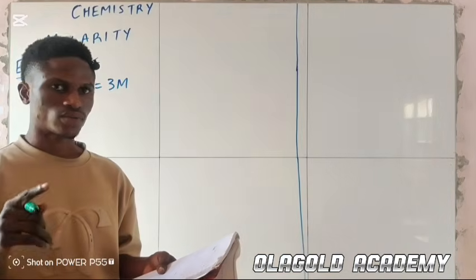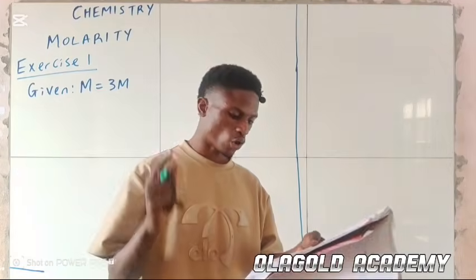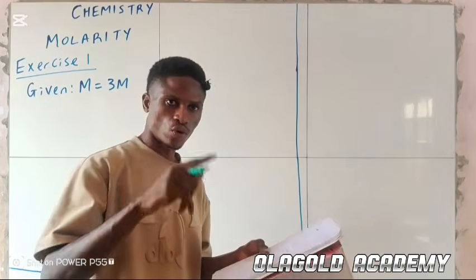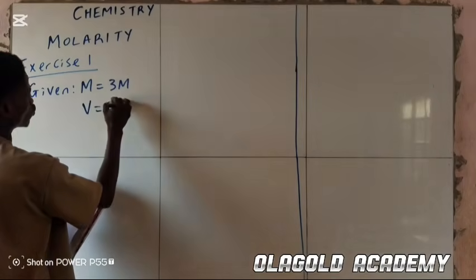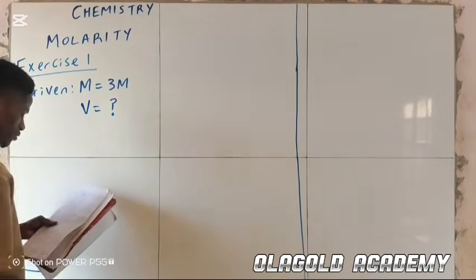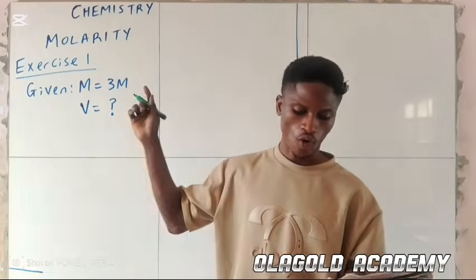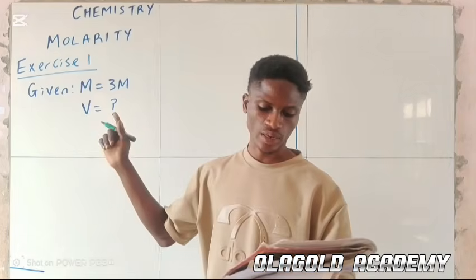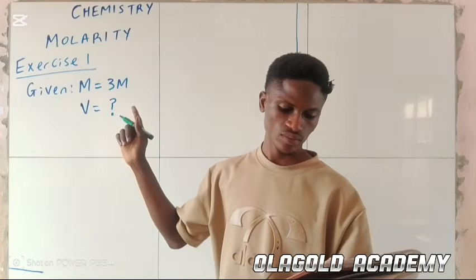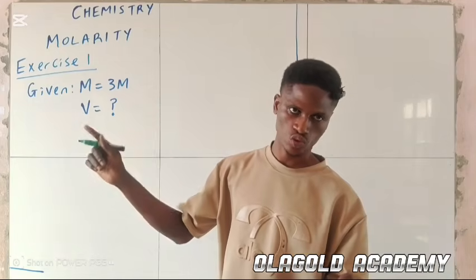The question goes further and says calculate the volume. So volume is appearing, and we have volume equal to question mark. Calculate the volume of this stock solution, which must be added to a flask to make a 0.1 molar solution.